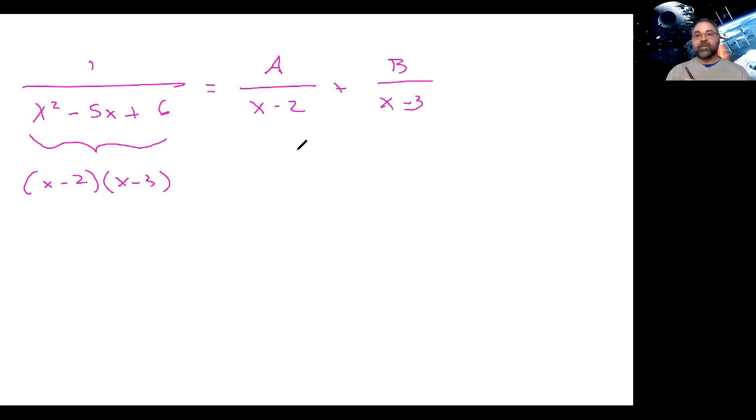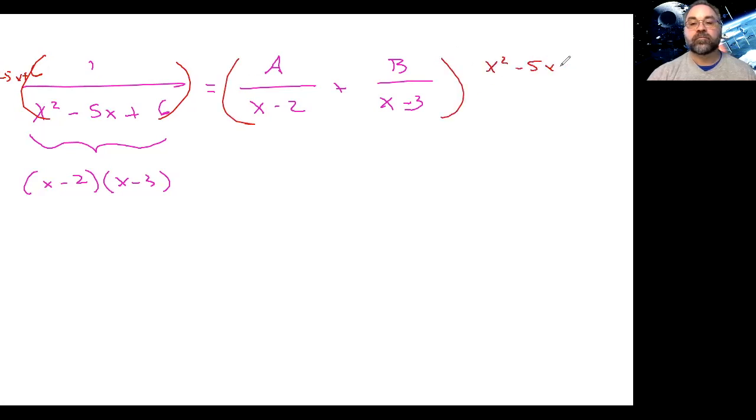Now what I'm going to do is solve for A and B. Here's how I'm going to do that. I'm going to multiply by the denominator, x squared minus 5x plus 6, to move it to the other side. When I distribute it, the left side would just get the 1.